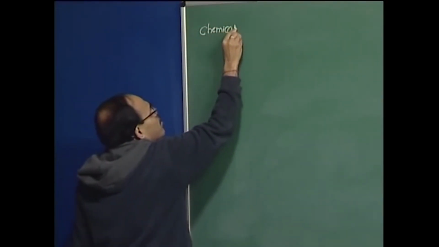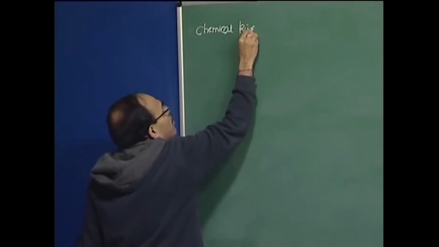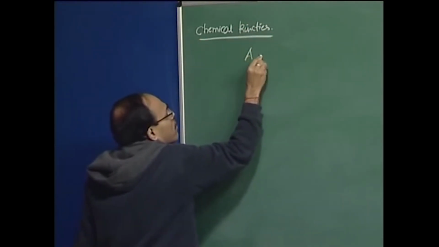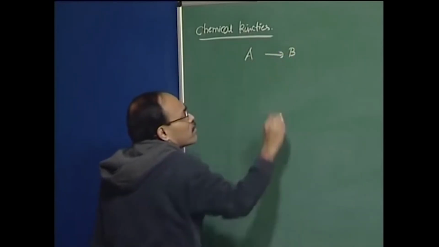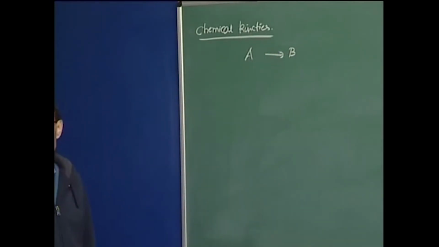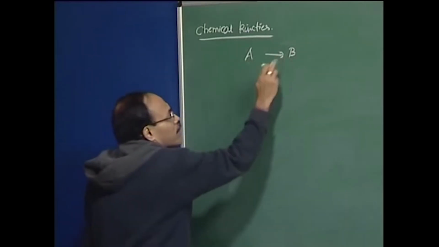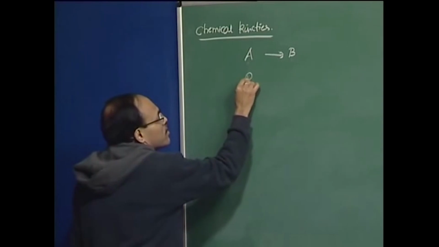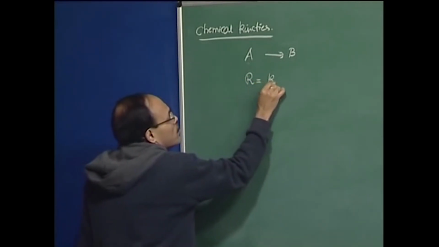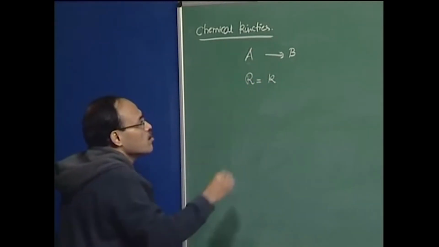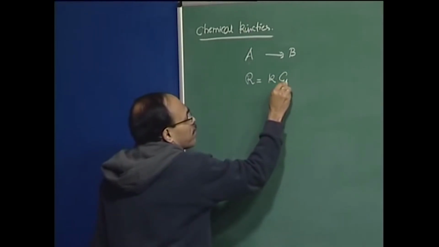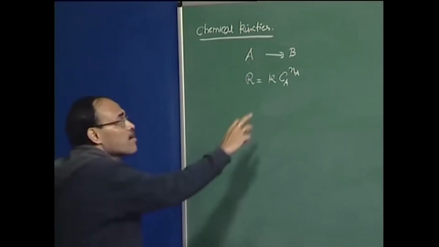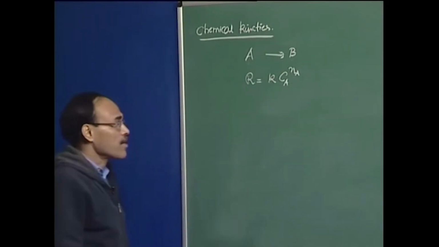Now, suppose we have chemical kinetics. I will very briefly mention some of the key concepts. Suppose we have a forward reaction in which a gaseous reactant A is being converted into a gaseous product B. The rate of the reaction is equal to the rate constant times the concentration of A raised to the power Na, in which Na represents the order of the reaction.